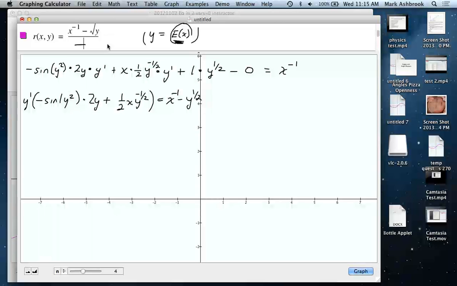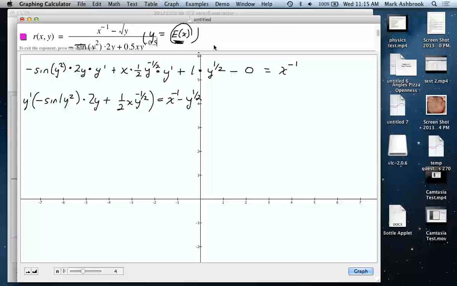Sorry about that. All right, so negative sine of y squared times 2y plus 0.5 x y to the negative 0.5.